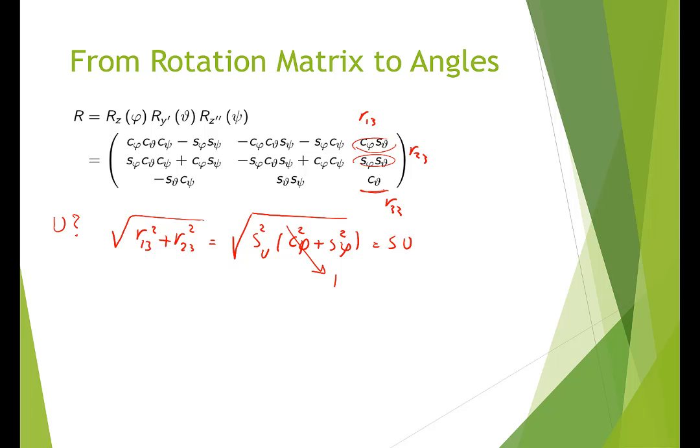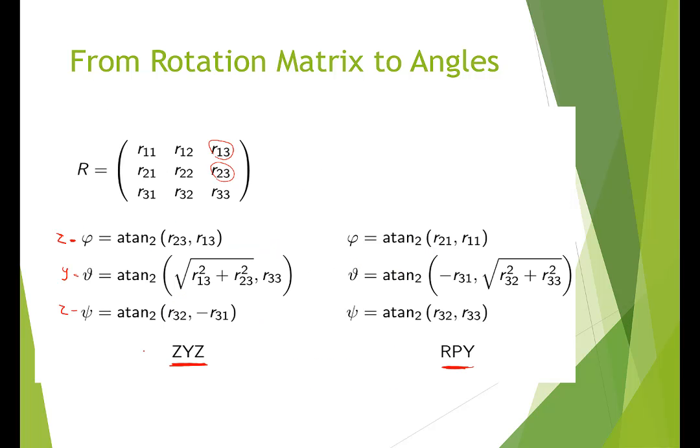We have cosine of nu from R33, so simply we can find nu using arctan2 of the square root of R13 squared plus R23 squared, and R33. Then we find nu. Similarly, you can get psi. Think about how. You probably have to use these two. And this is how these equations are derived. Knowing the rotation matrix, we can calculate the angles.